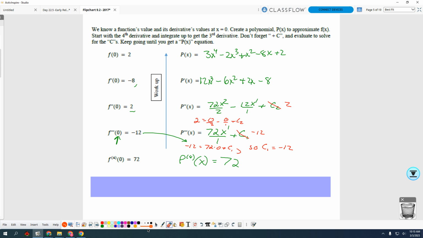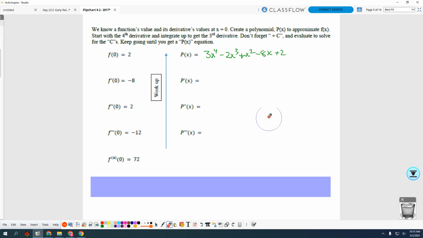I want to show you a pattern. Had I written it out differently, you would have seen the factorials better. I'm going to do this one in reverse.